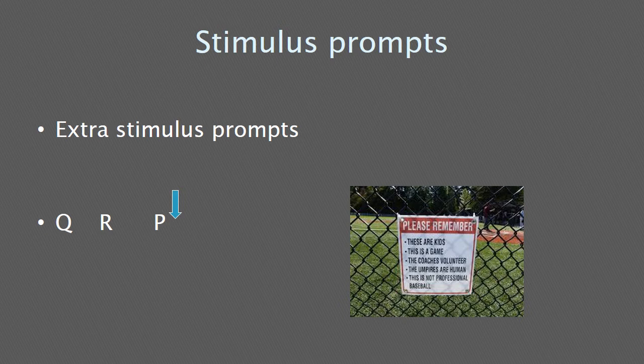However, if you've ever been to a Little League baseball game, if you've been enough times, you will notice that adults don't always act appropriately. Therefore, this league has established an extra stimulus prompt, a reminder for parents how to act.